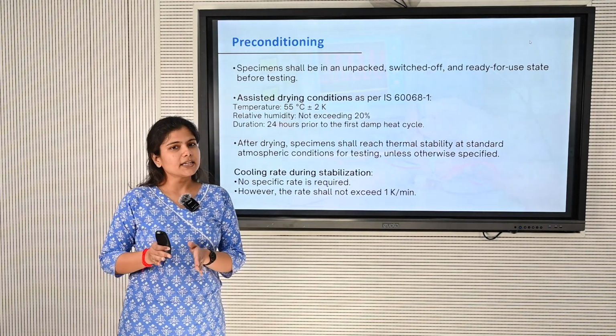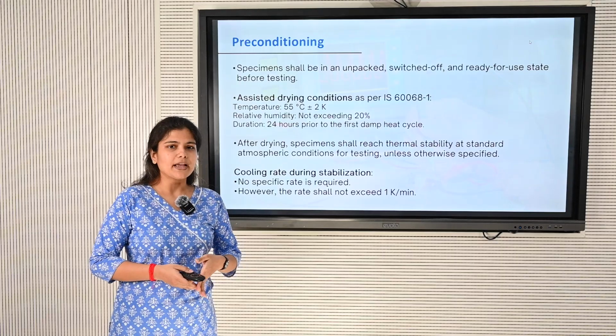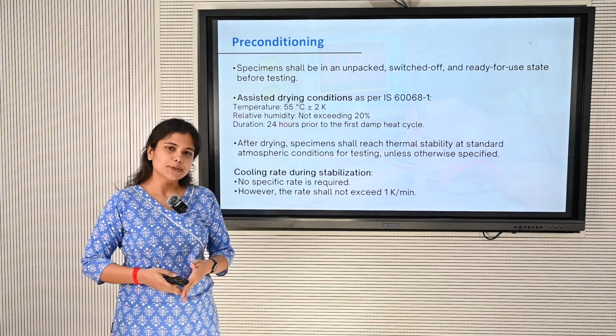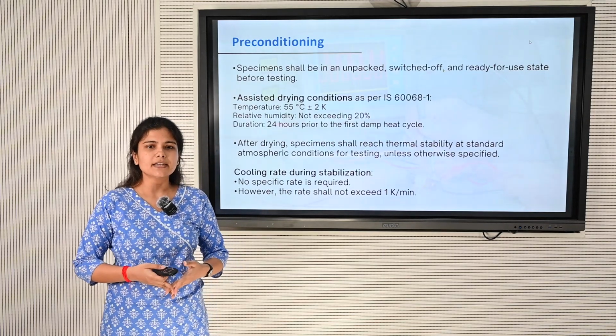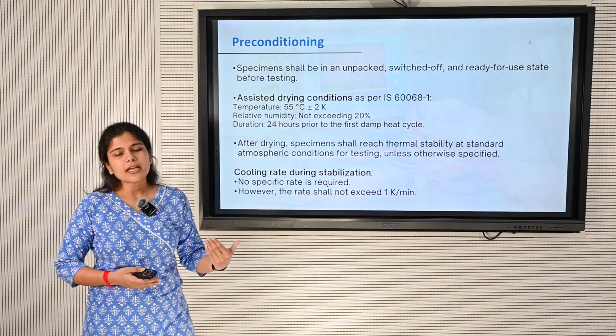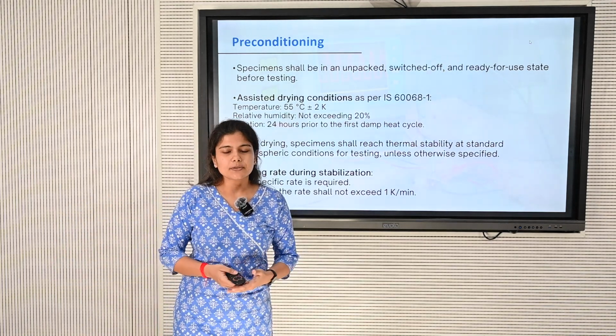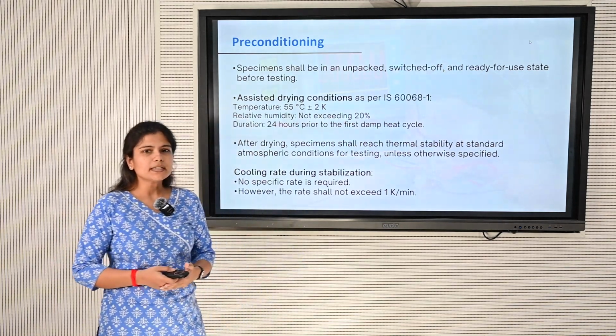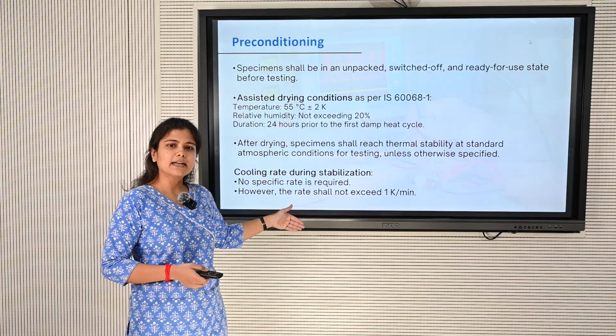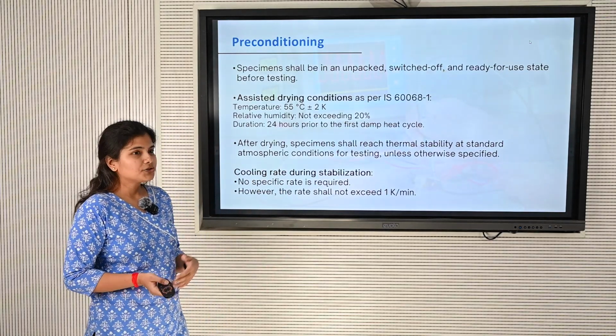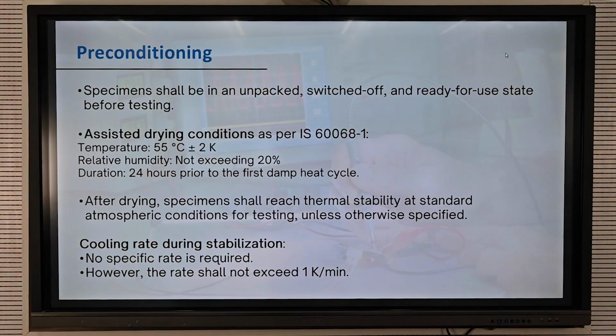Some preconditioning criteria is already specified in part 1 as well as part 2 of 60068 standards. Here we are talking about the composite test. So in the composite test, these are the preconditionings that have been mentioned. Just let us have a look. First is the assisted drying condition.